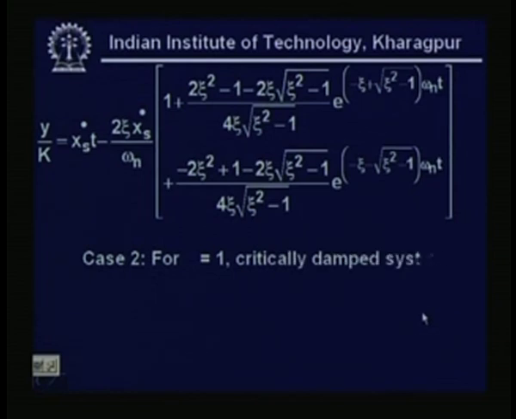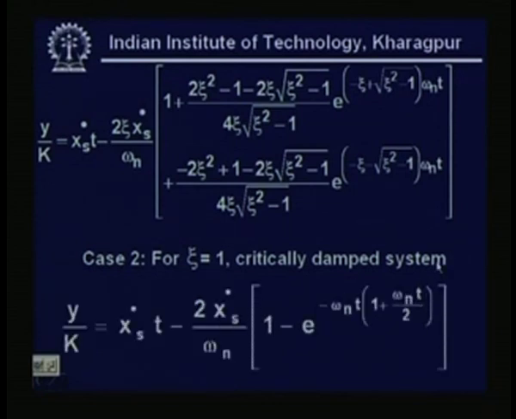Now, case 2, as happened before, is the critically damped system when xi equals 1. In that case, the output will look like this: y by k equals xs dot into t minus 2 xs dot by omega n, 1 minus e to the power minus omega n t, times (1 plus omega n t).